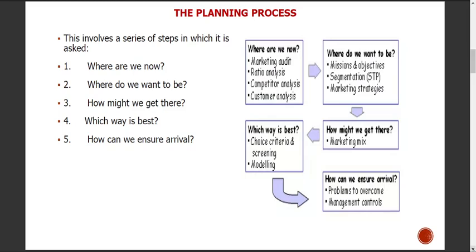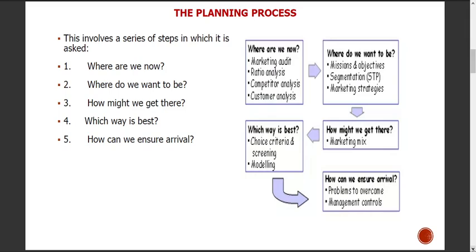Then also it is in that stage that you lay marketing strategies that will help you achieve your objectives. After prospecting where you want to be, you look at ways of how to reach there. So that is our how might we get there step.